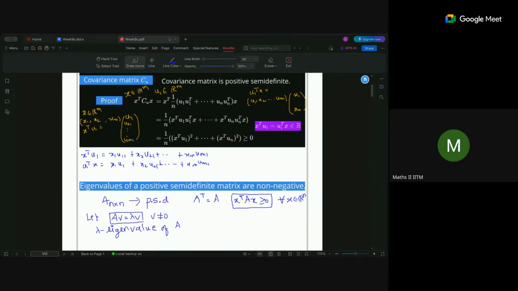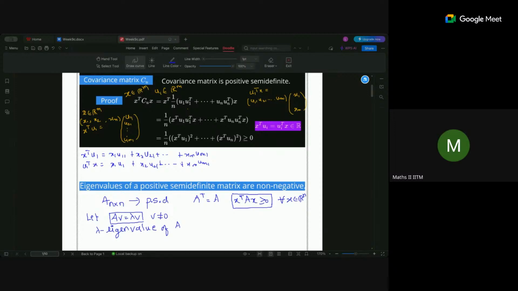Everyone think. It is not very difficult, very straightforward only. Just think and answer me. See, this statement that x transpose Ax is non-negative, it is true for all x in Rn.